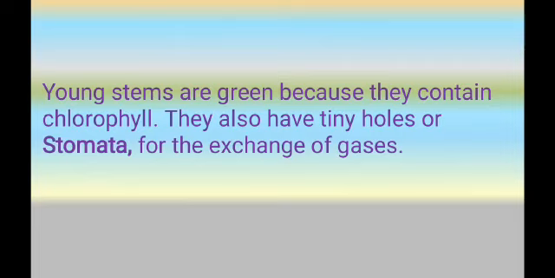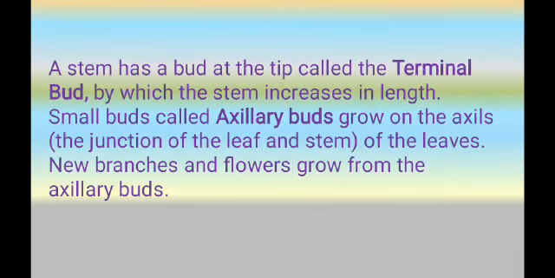Young stems are mostly green in color because they contain chlorophyll, and the color of the chlorophyll is green due to green pigments which help to trap the sunlight. Same thing, stomata are present for gaseous exchange, meaning respiration.